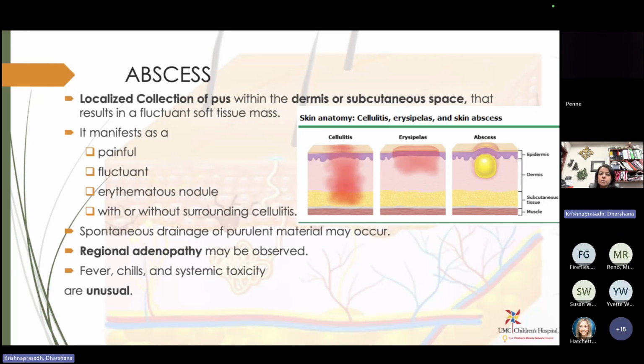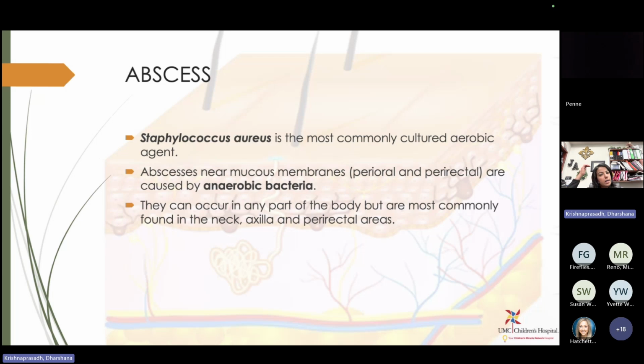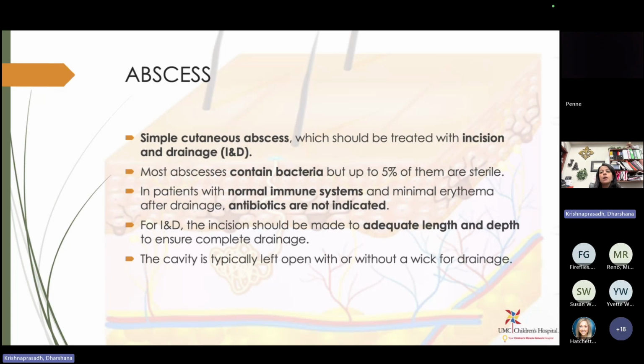Patients can also have symptoms of fever, chills, and other symptoms of systemic toxicity as well. Again, going over the organisms, Staph aureus is the most commonly cultured organism. Sometimes they can have anaerobic bacteria causing this. It can occur in any part of the body, but is most commonly found in the neck, axillary region, and gluteal region.